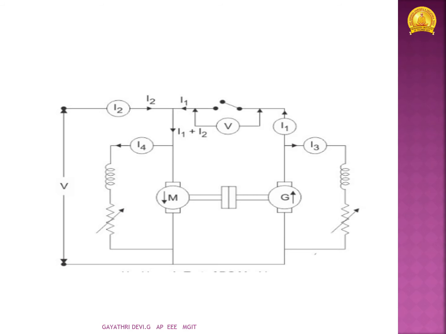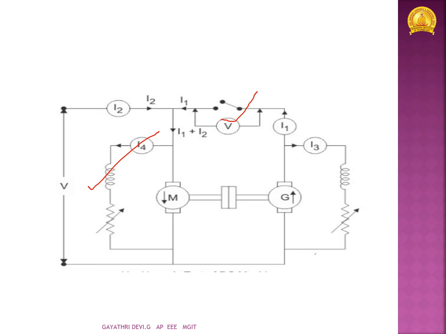Input to the motor is given by the supply with the help of a 3-point starter. M works as the motor. The switch is kept open. The field current of the motor is adjusted with the motor field rheostat. Here it is the field of the motor.